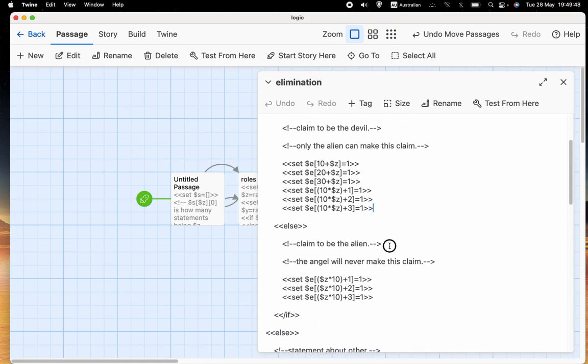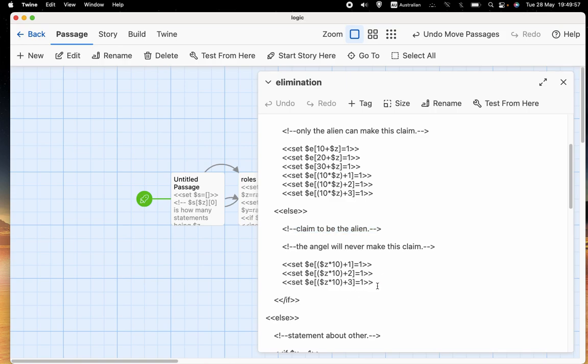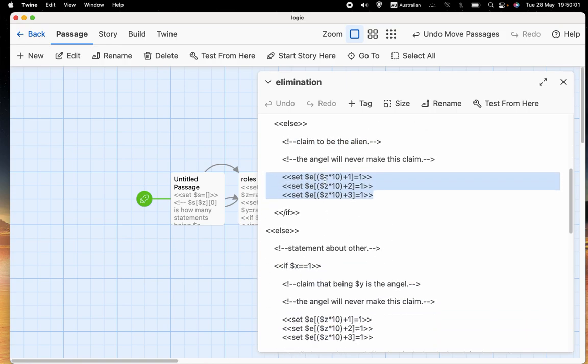So that is a claim to be the alien. And the devil can make that claim because it's false, and the alien can make that claim because the alien can make any claim. And so the angel will never make that claim. So we eliminate possibility Z times 10 plus 1, plus 2, and plus 3. So for example, if being 1 said "I am the alien," then we know that possibility 11, 12, and 13 are all false.